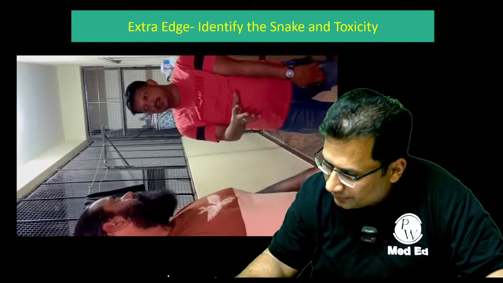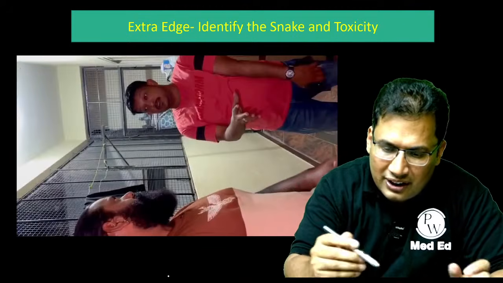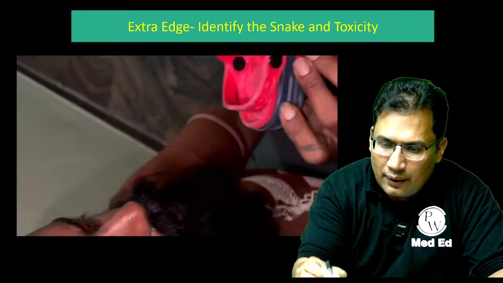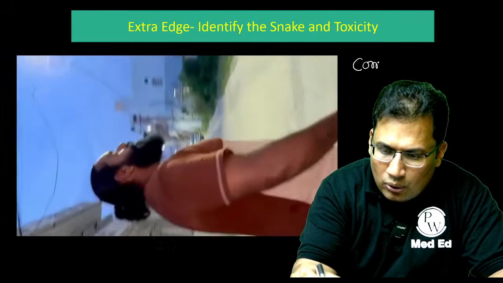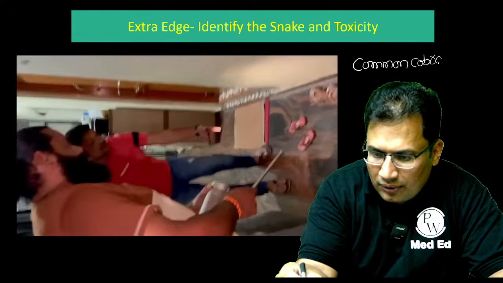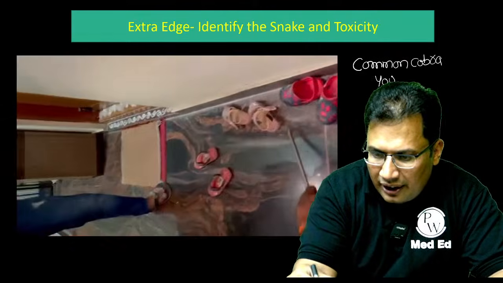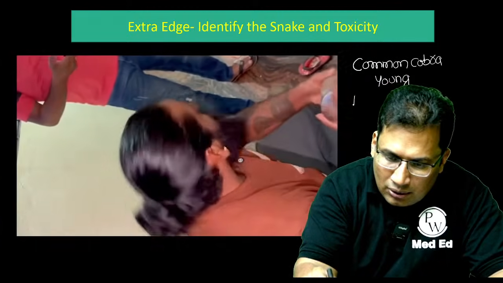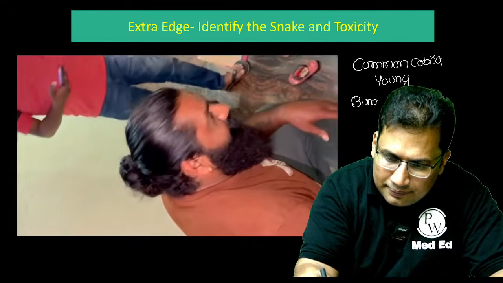Sanjay Kumar and others, so this is basically, repeat again, try to memorize this. Common cobra, very young cobra. Point number 1: bungarotoxin.